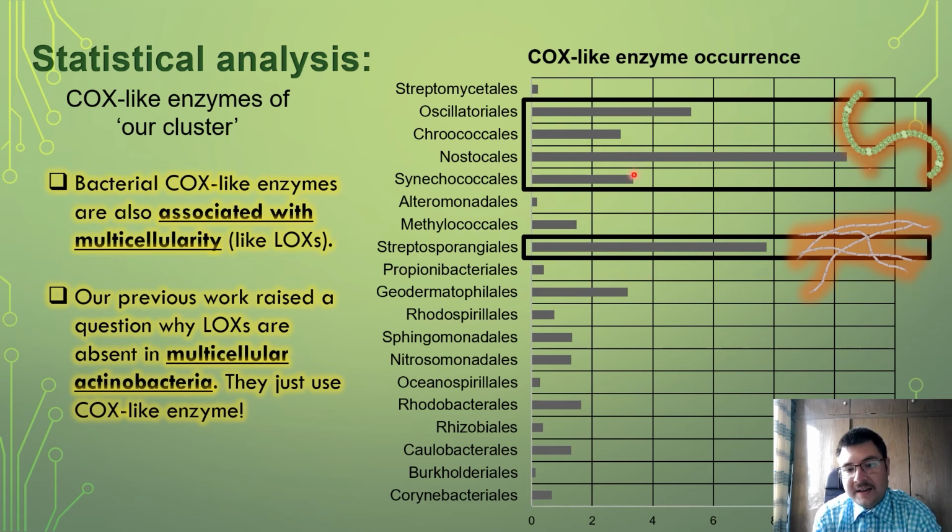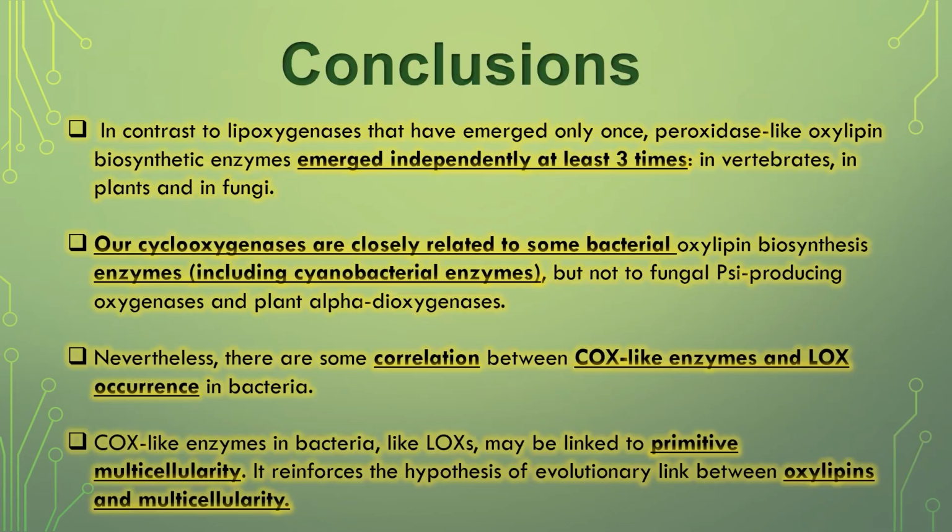Here we can see that the leaders of cyclooxygenase-like enzyme occurrence are cyanobacteria, predominantly multicellular cyanobacteria, and multicellular actinobacteria, and it leads to an assumption that cyclooxygenase-like enzymes, like lipoxygenases, are associated with primitive multicellularity and probably cell-to-cell signaling in bacteria.